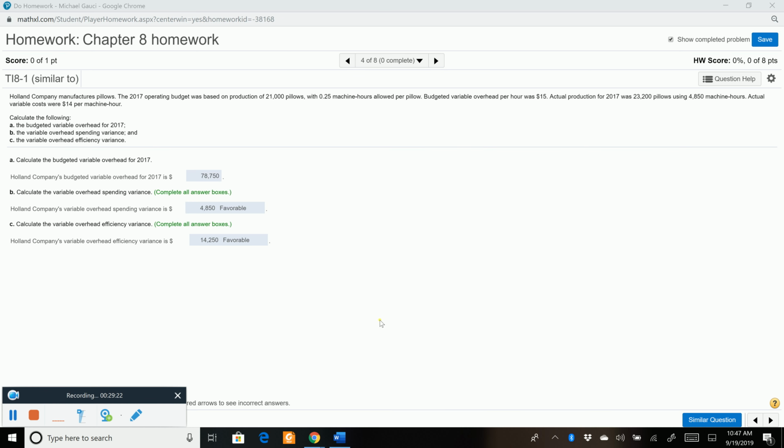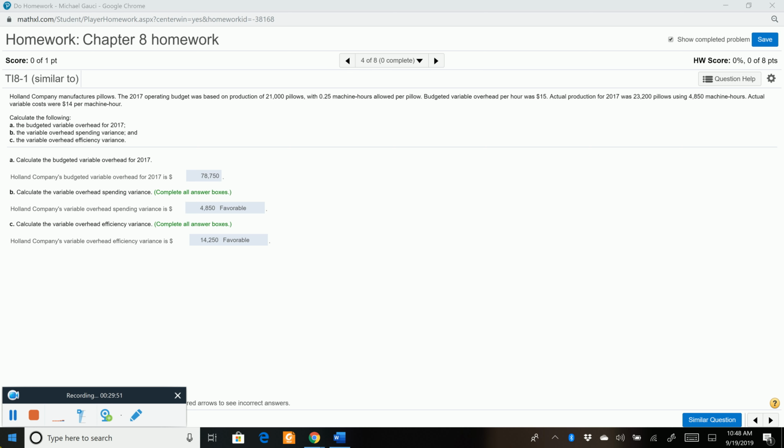All right, in this homework problem, we are asked about variable overhead and the various variances. Unfortunately, I don't know why the author is not giving us the actual solutions that we can visually see, but let me talk you through it. We have a company, Holland Company. They manufacture pillows.